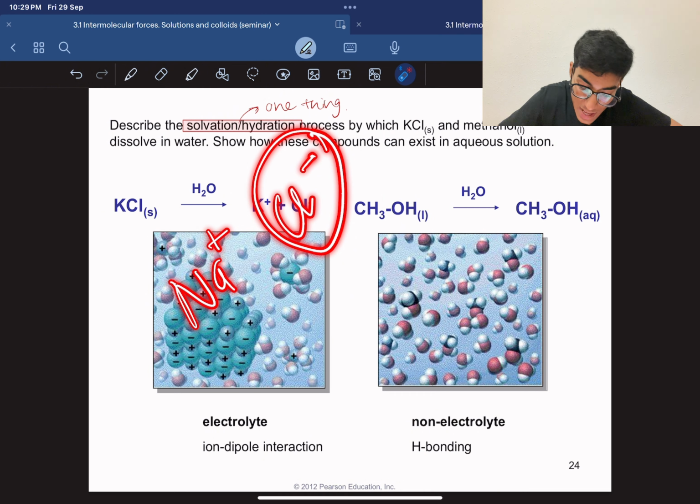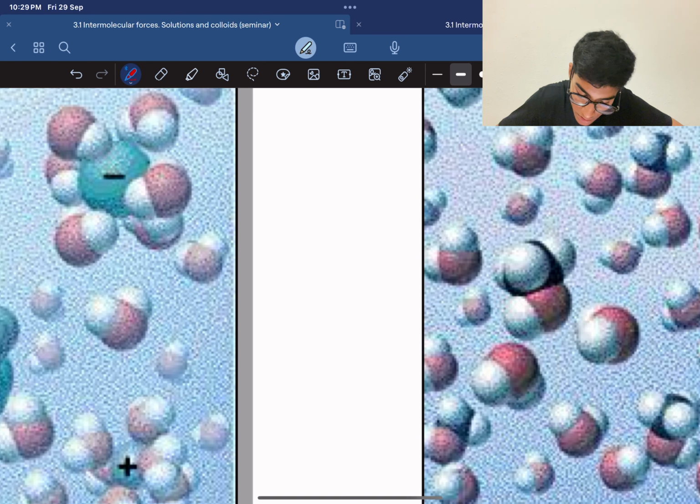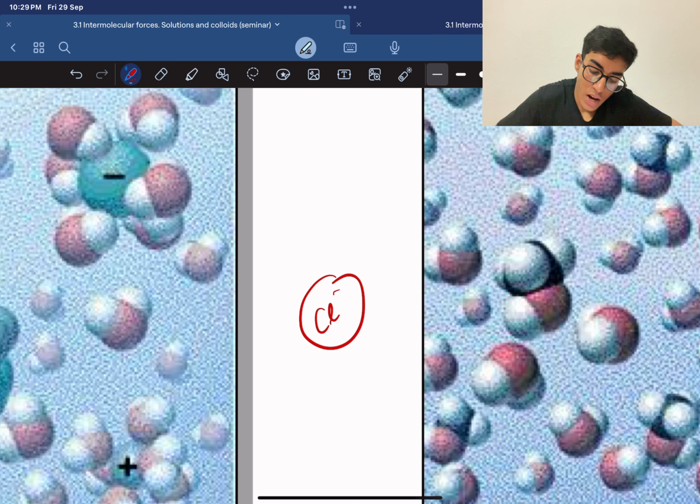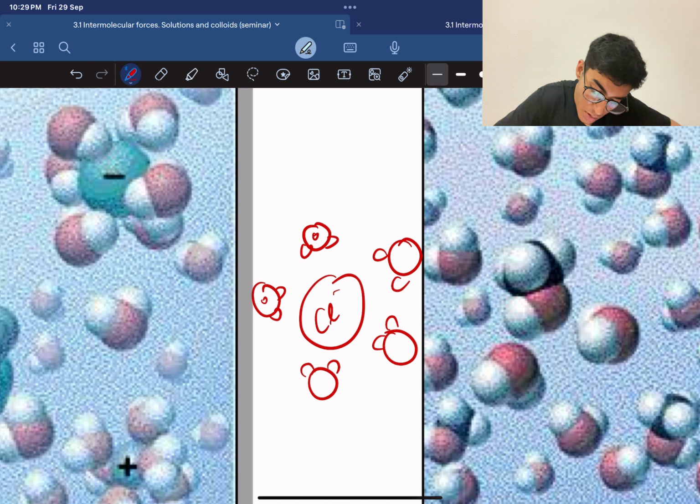Now, around the Cl minus ion, this is what happens: the water molecules arrange themselves like this, this being the O, and these balls being the H. So this has minus, minus, minus, and these have plus, plus, plus.